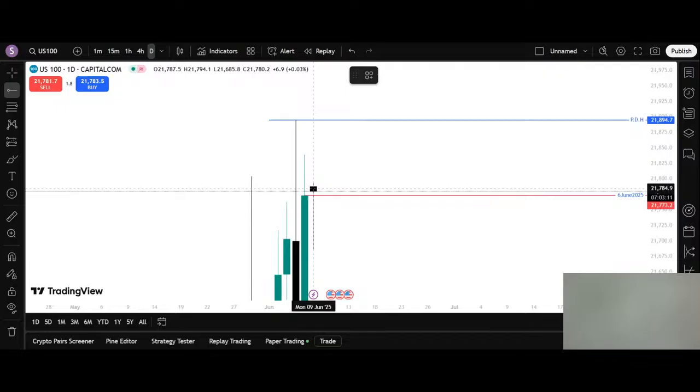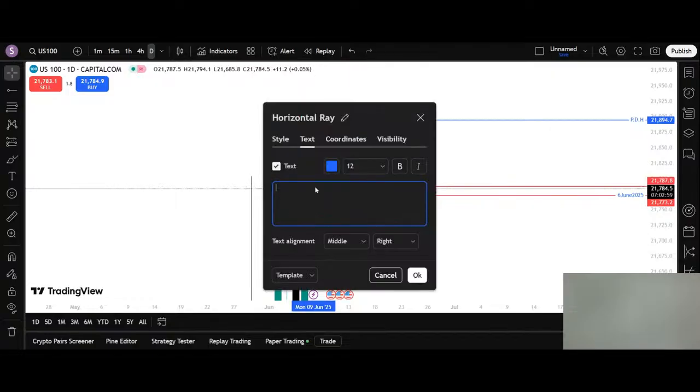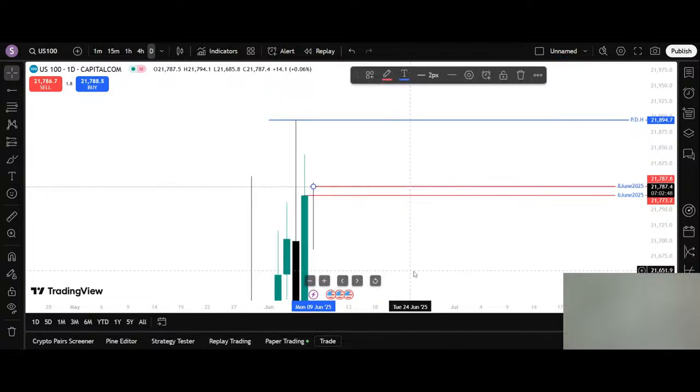So we're gonna take the opening price of this candle. As you can see here, OHLC, the opening price of this candle is 21787. So we're gonna eyeball it again. I'm gonna make it 8 June because actually the candle opens at Sunday.